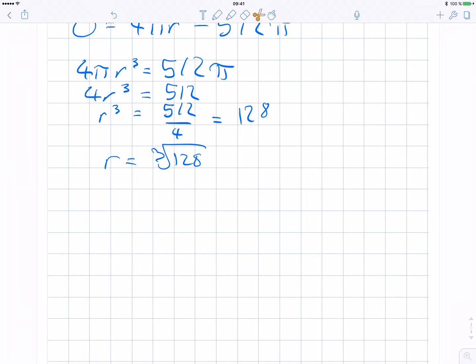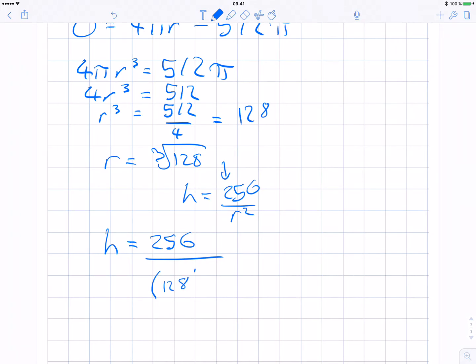So I get h is equal to 256 over the cube root of 128 squared, and I'm going to use my calculator to do all of this.